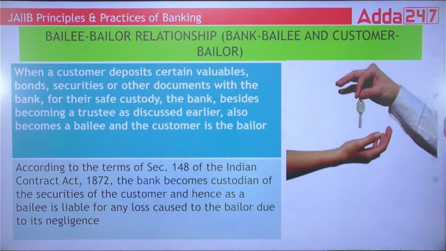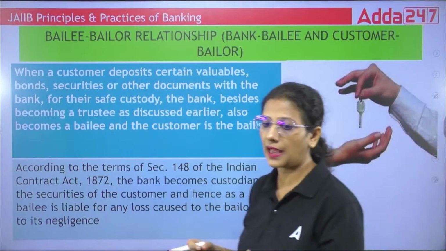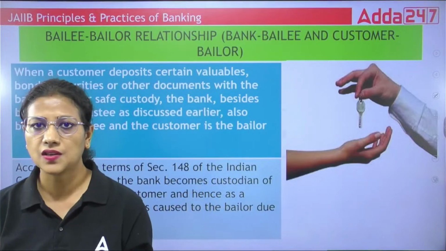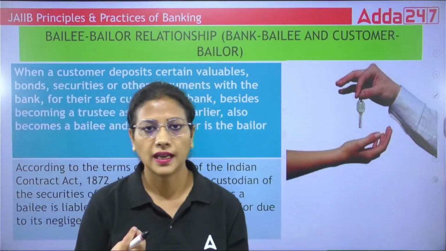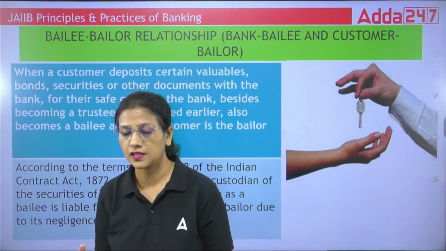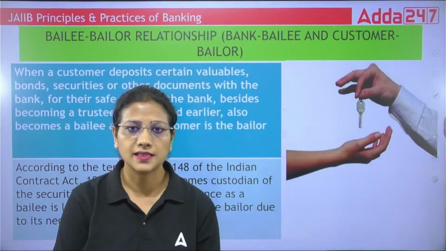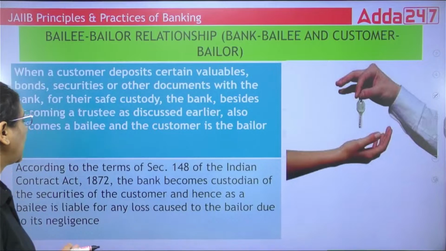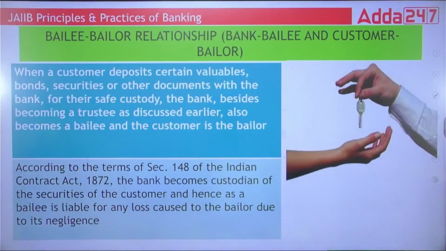Now comes the bailee-bailor relationship. In case of the bailee-bailor relationship, a customer deposits certain valuable bonds, securities or other documents. Like in the trustee case we have seen, where any security is deposited by the customer with the bank, in that case the bank will become not only trustee, it will also become the bailee, and the customer will become the bailor.